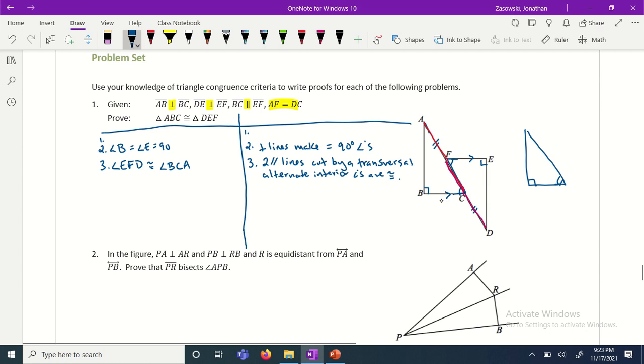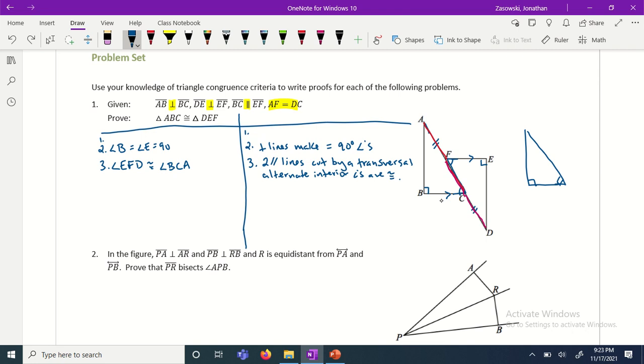So if we can just add FC to both of these, we would have a side. This is kind of like the opposite of doing the subtraction. If we just subtracted this away, we would be left with these two pieces. Now we want to add that piece on.